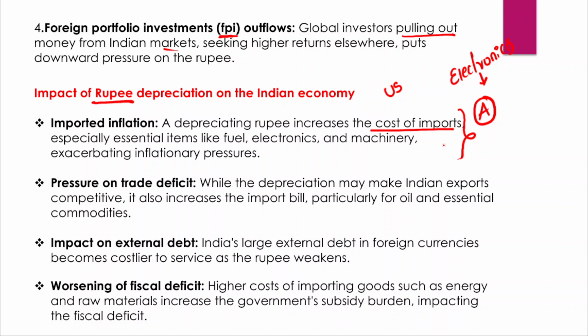So because of depreciation of the Indian rupee, this company A needs to pay more rupees to purchase dollars, and they have to pay dollars to the exporting country, right? So once they imported electronics, it cost them a lot, and this substantially increases their input costs, right?